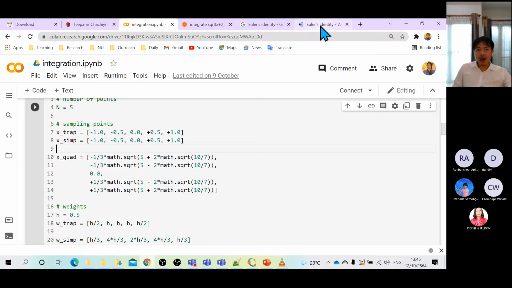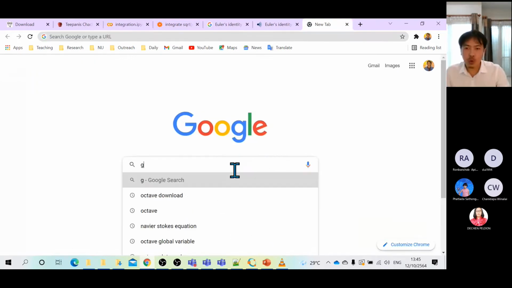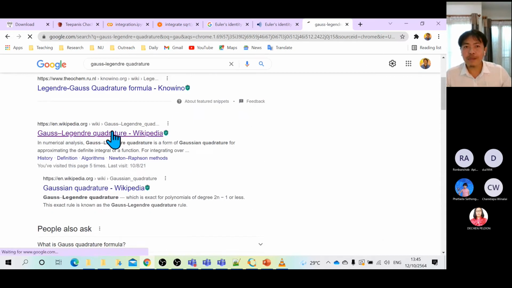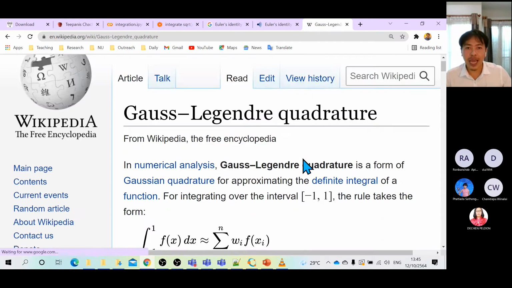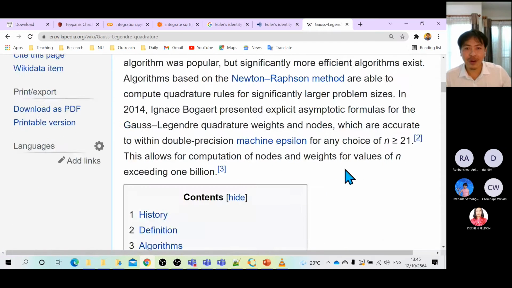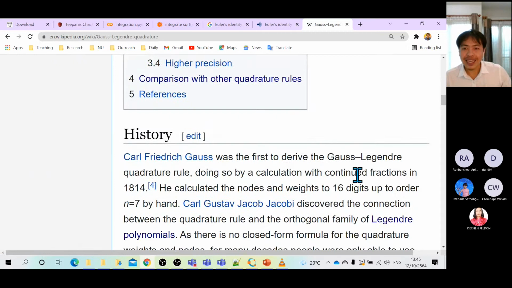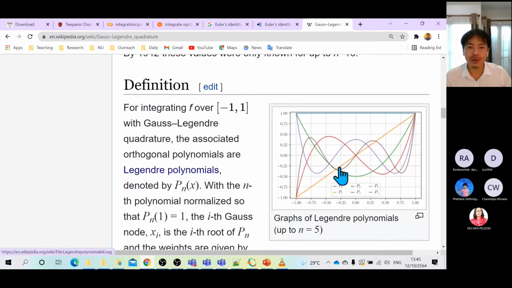I can go look online, Gauss quadrature, and check the 5-point Gauss quadrature and look at the formula for the x position. The technical term for that x position, does anyone remember?